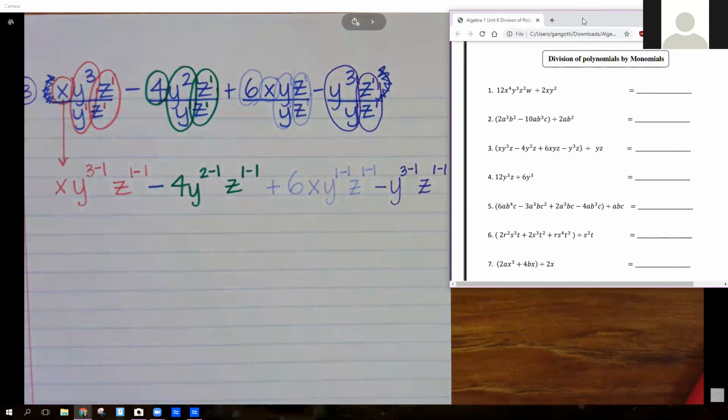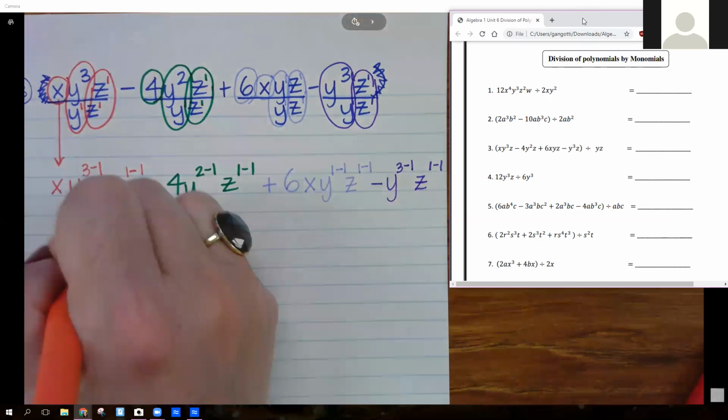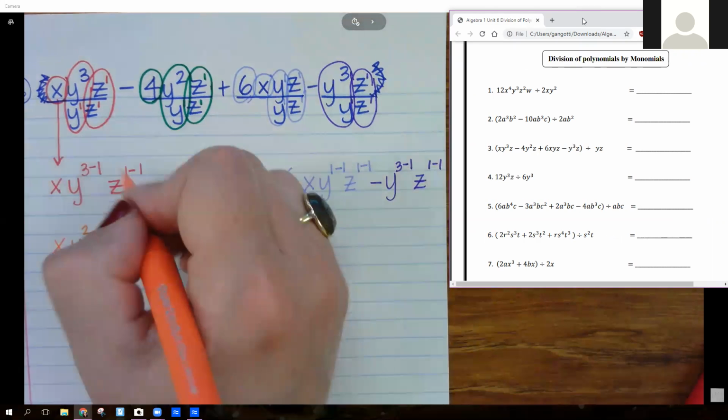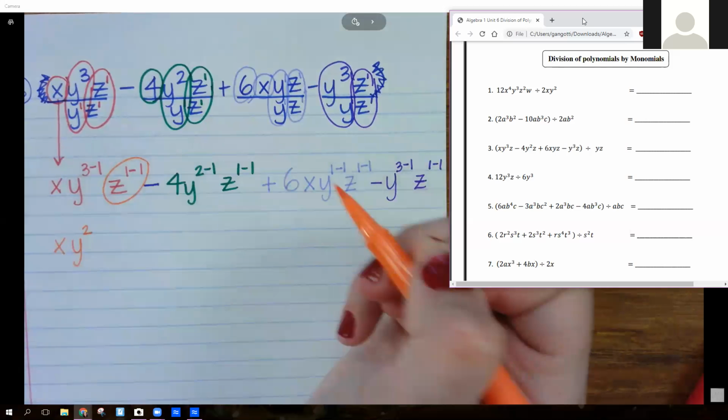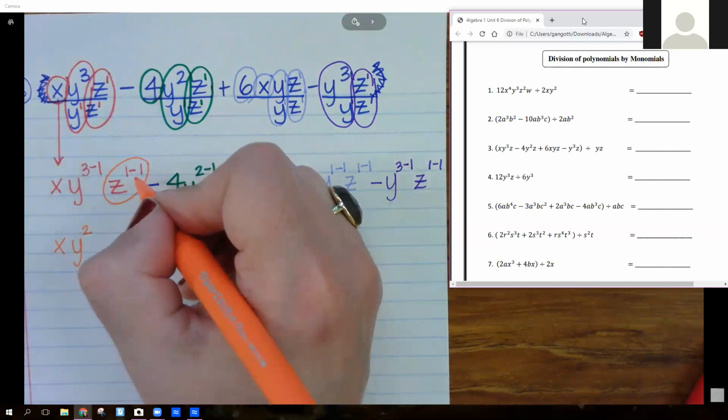So we're going to clean this up so it looks nice. So let's see here, what color do I want to use? How about orange? So this will be x to the first power, and then y squared. And then what's going to happen with this z right here? 1 minus 1 is 0, right?